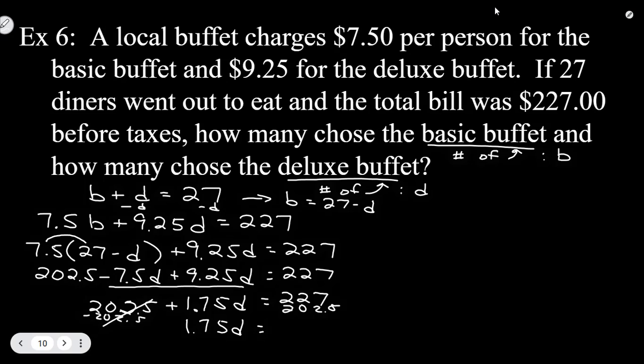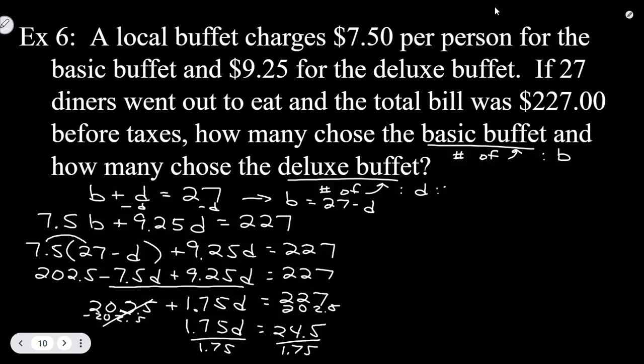It looks like that should be 24.5. And then our final step, and hopefully that comes out evenly. 14. So D is 14.